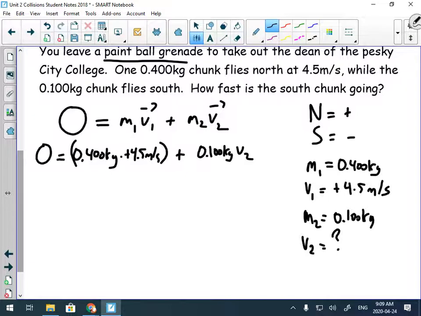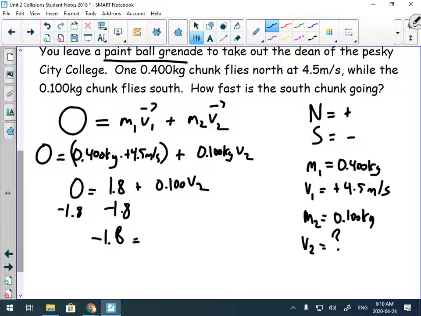Okay, all right, so let's do our math. 0 is equal to 0.4 times 4.5. Okay, I get 1.8 plus 0.1 V2. Okay, now I have to get rid of 1.8, so I'm going to subtract 1.8 from either side. That gives me then negative 1.8 is equal to 0.1 V2.